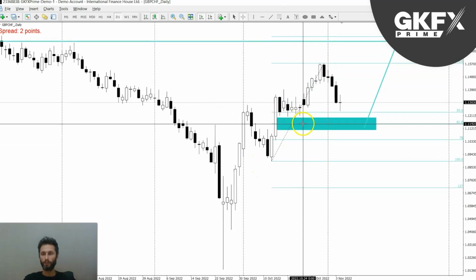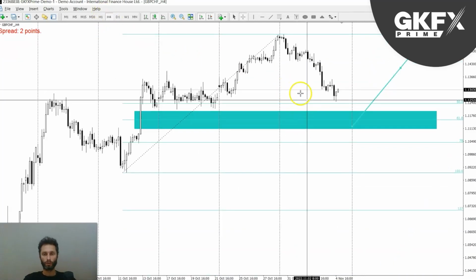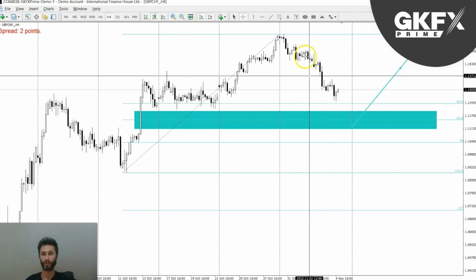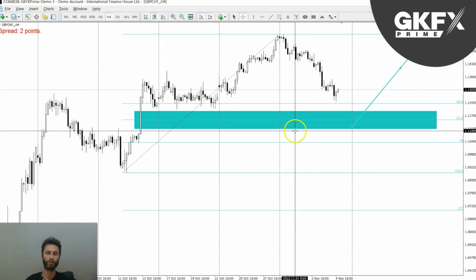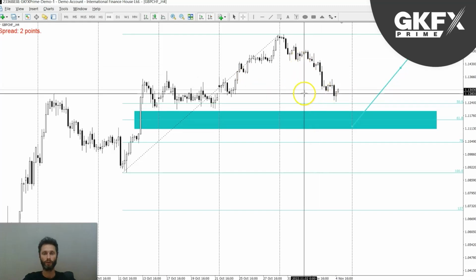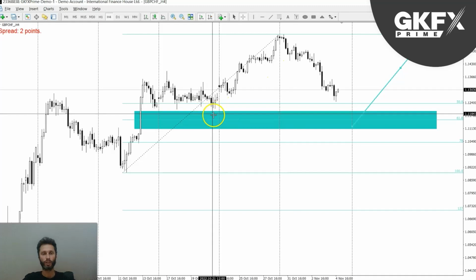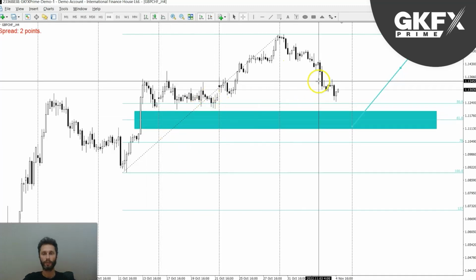That would coincide with the 61.8 here, and as marked previously, last week was not the case. We did make that retracement as expected, but we didn't quite reach into this area. We just continued moving further down and did push to the upside, which indicates that we may come and breach these lows down here and come into this area.